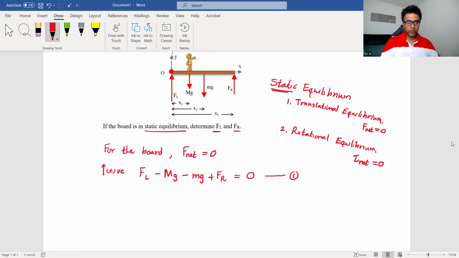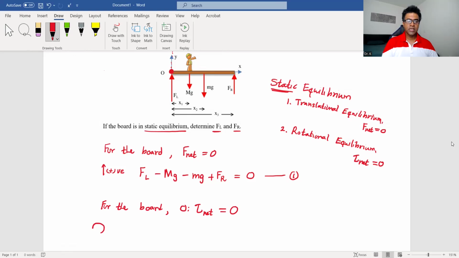So again, for the stability of the board, I'm going to consider the net torques about point O, and that needs to be zero. As you know, traditionally, counterclockwise torques are considered positive and clockwise torques are considered negative.